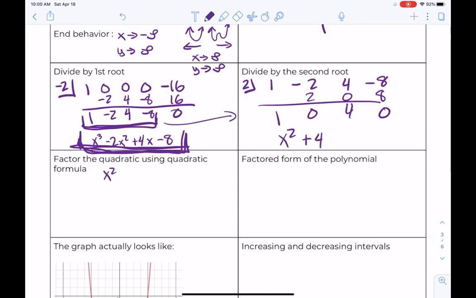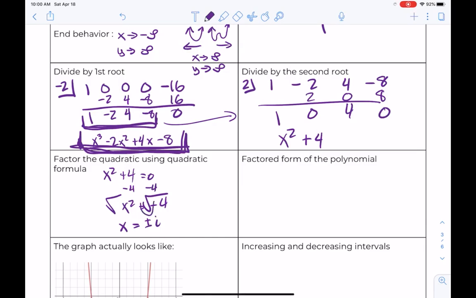Okay, x squared plus 4, we need to now factor using the quadratic formula. Or in this case, this just equals 0, right? So we could subtract 4 on both sides and we get x squared equals -4. Take the square root, take the square root. X equals plus or minus i, because I pull that i out, and then the square root of 4 is 2.